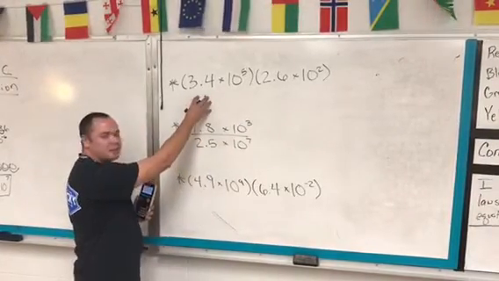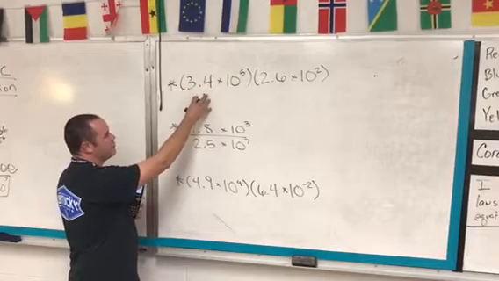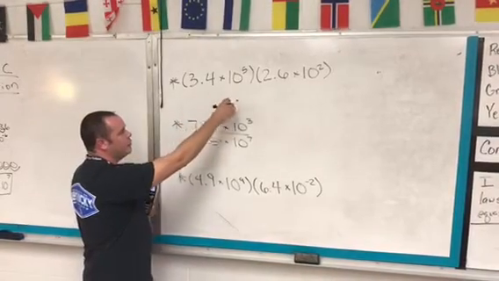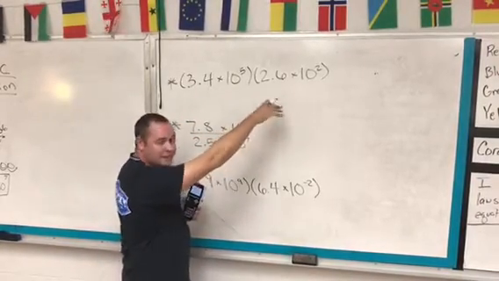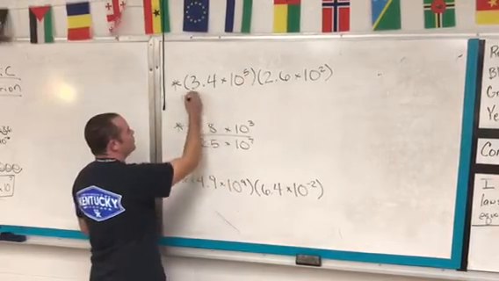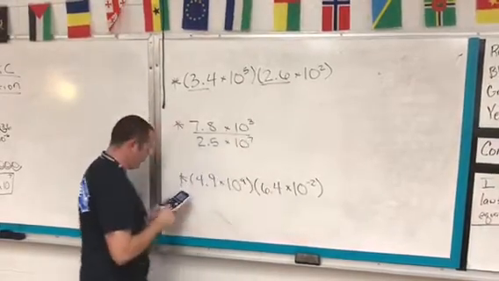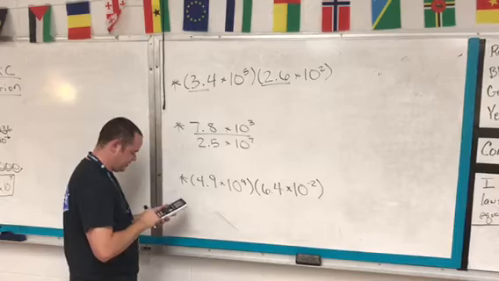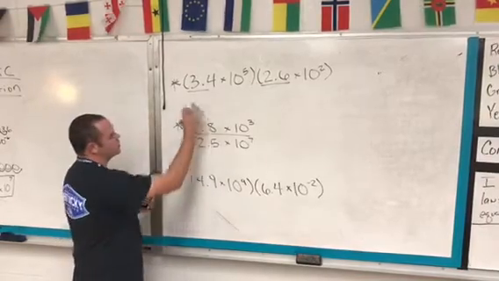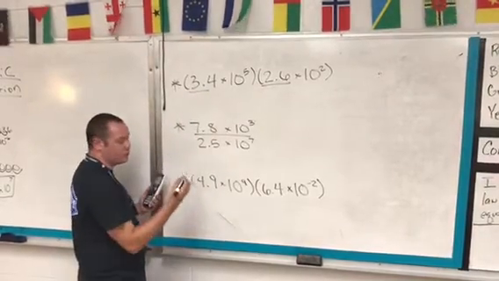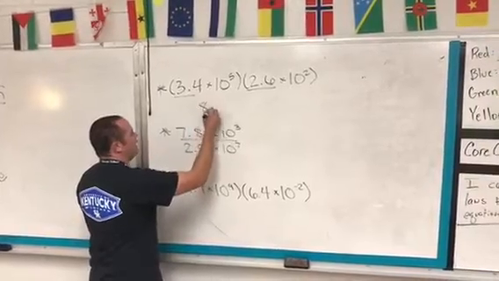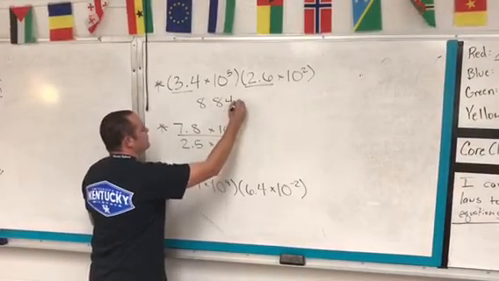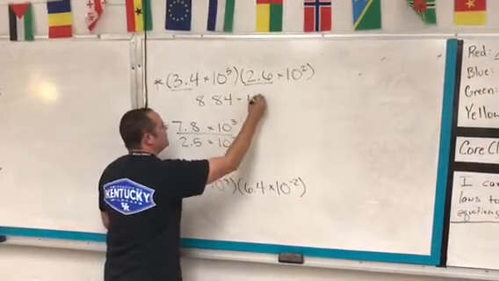So here we have a multiplication problem. We have 3.4 times 10 to the 5th multiplied by 2.6 times 10 squared. So our regular numbers here, 3.4 times 2.6, since it's a multiplication problem, we're just going to multiply those numbers like we normally would. So we're going to get 8.84 times, we're going to keep 10.